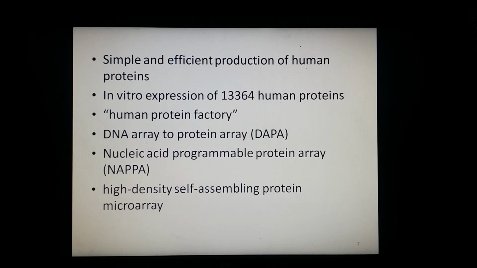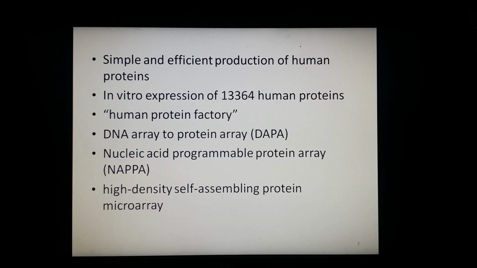In this approach, the protein expression system was applied to the in vitro expression of 13,364 human proteins, and their biological activities in two functional categories were assessed, and as a result a human protein factory was developed. This human protein factory is the infrastructure which includes the resources and the expression technology for in vitro proteome research.